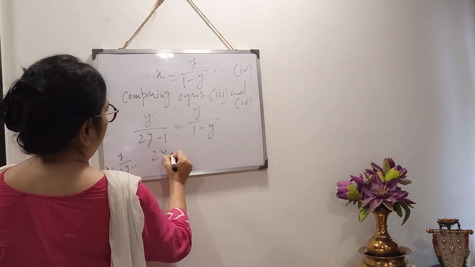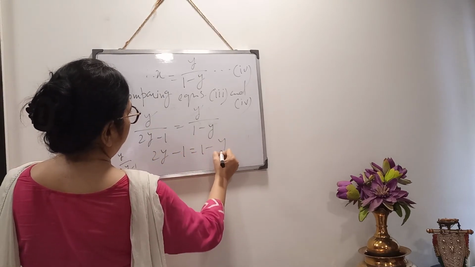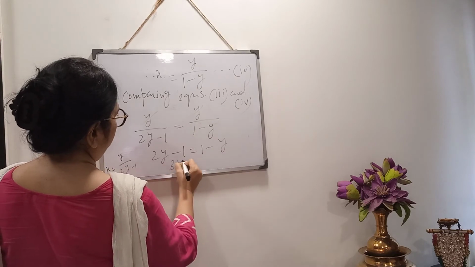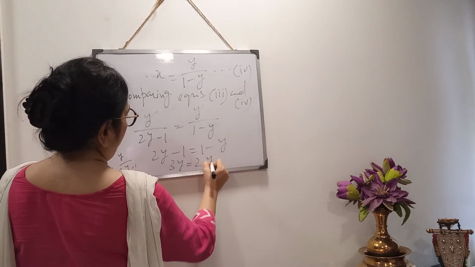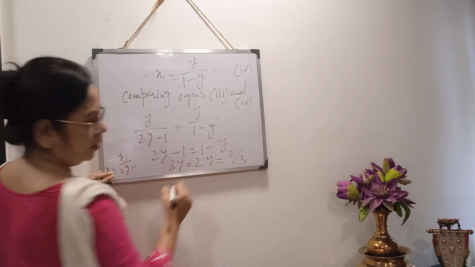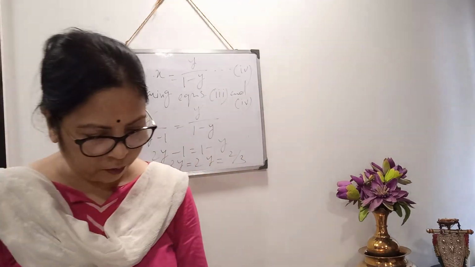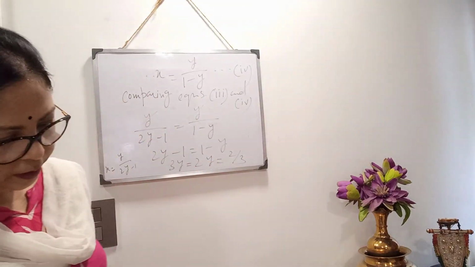So 2y minus 1 equals 1 minus y, 3y equals 2. y is coming 2 by 3. Value of y is 2 by 3.